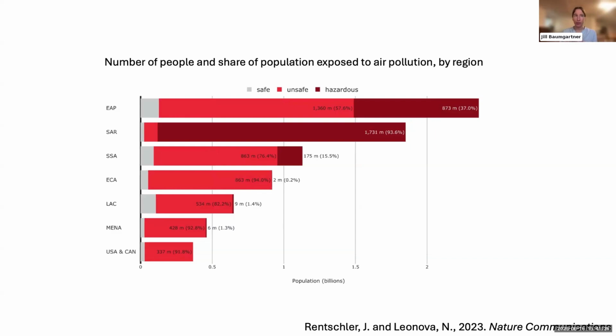This is an example from a global study that was just published, looking at global regions of the world and the number and share of population exposed to unsafe and hazardous levels of air pollution based on the WHO criteria. The top five regions, four of them are predominantly low and middle income countries in sub-Saharan Africa, East and South Asia, Latin America, whereas North America and Europe are on the lower end of that.